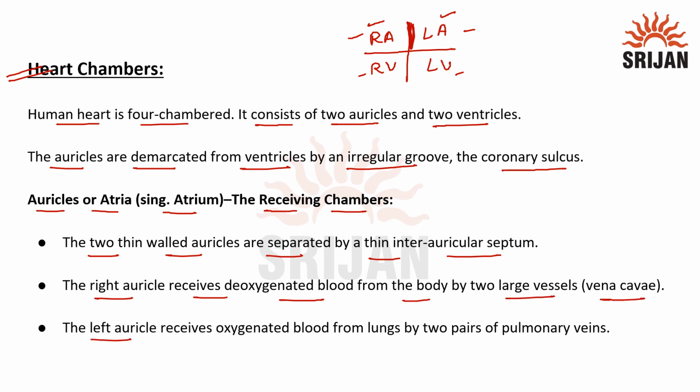The left auricle receives oxygenated blood from the lungs by two pairs of pulmonary veins. So this side, that is the right side, will consist of deoxygenated blood, and this side, that is the left side, will consist of oxygenated blood. The right atrium receives deoxygenated blood from the body with the help of two vena cava, and the left atrium receives oxygenated blood by two pairs of pulmonary veins.